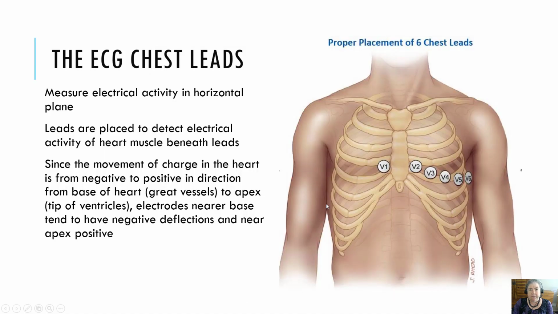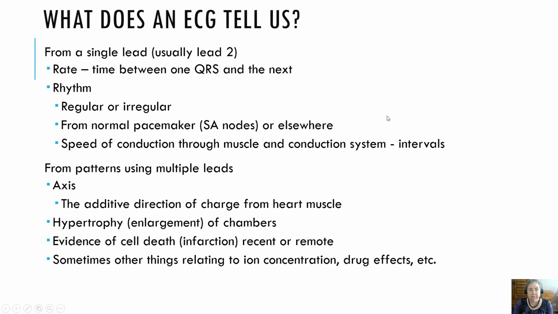So what do we learn from an EKG? Why do we do EKGs? Well, there is a ton we can learn from an EKG. I'm going to talk primarily right now about what we learn from a single lead, and we usually use lead 2.